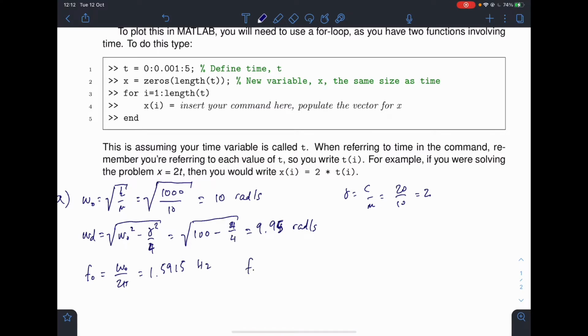And f d is going to be omega d divided by 2 pi, so if I drop that in, it's 1.5836 hertz. Those are the solutions to these equations for part A.